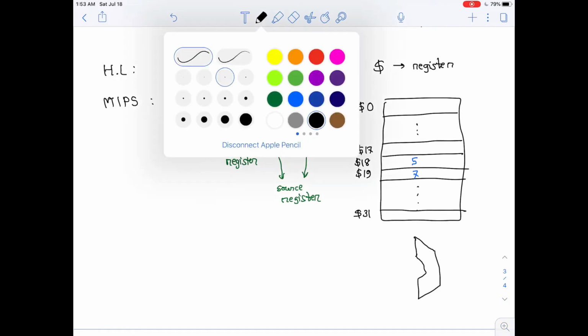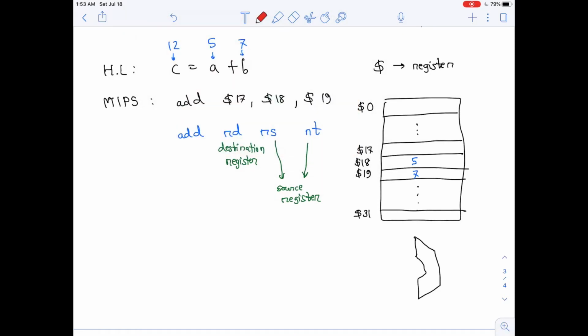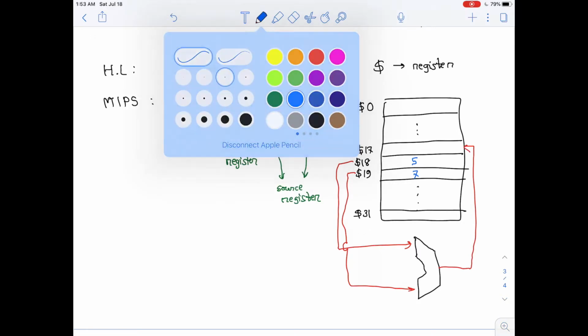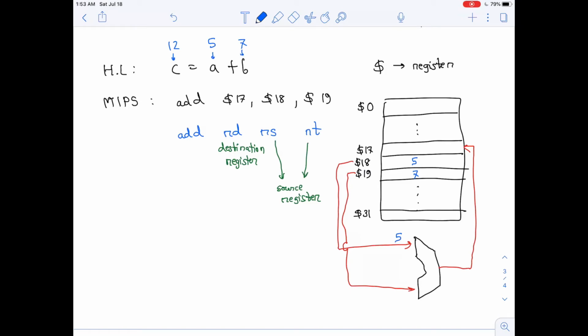Still not much better, but anyway, we'll go with this. Suppose your ALU would be fed values from these two registers, and it would store the value here in $17, right? So you'd have the value 5 fed here, and the value 7 fed here, and your output 12 would be stored in the $17 register.